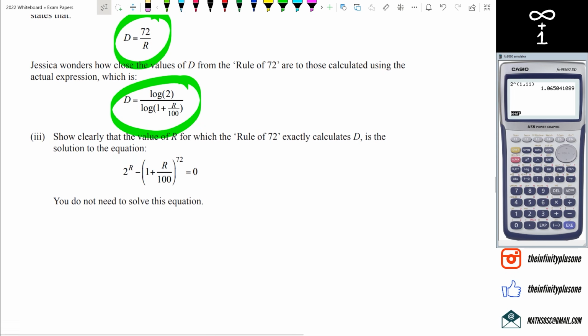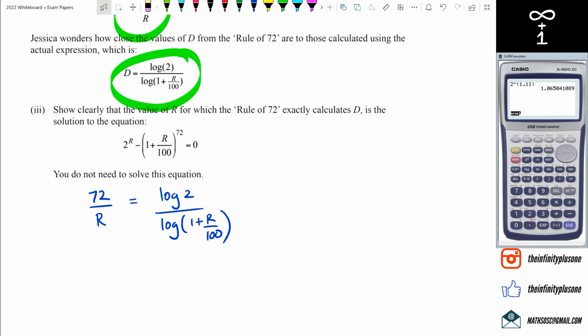So in other words, we've got 72 over R, which is equal to D. And the other D is log 2 over log (1 plus R over 100). So I'm going to cross multiply this. So I'm going to end up with 72 log of (1 plus R over 100) equals R log 2.